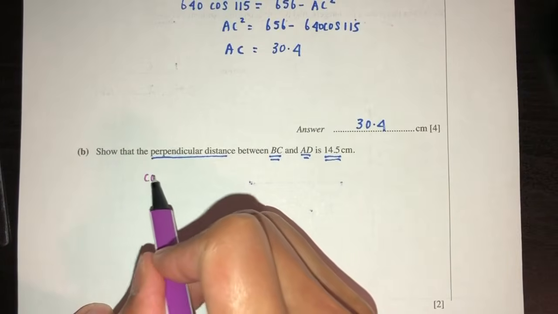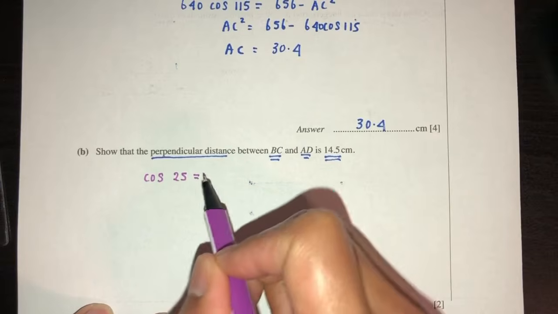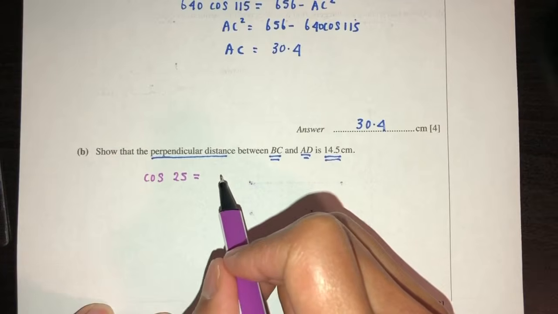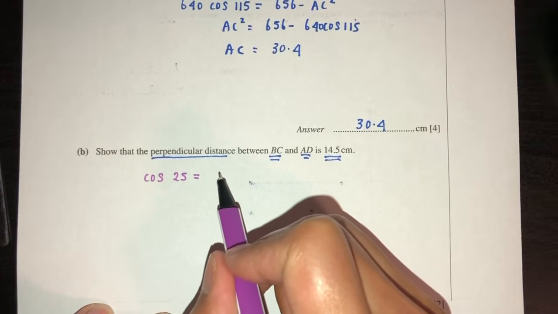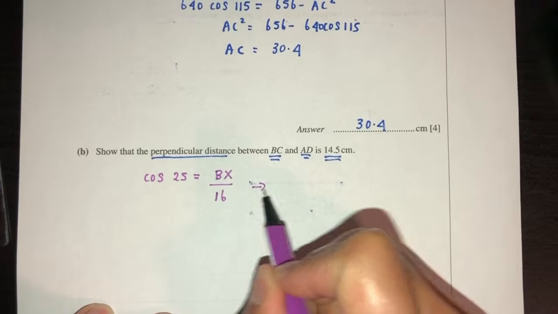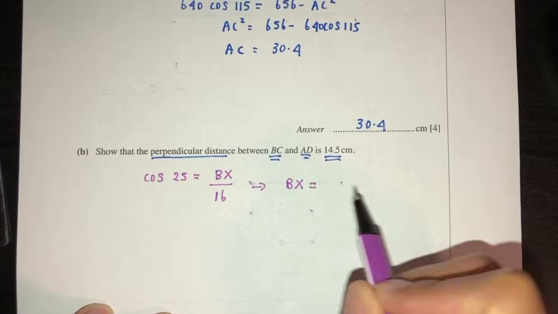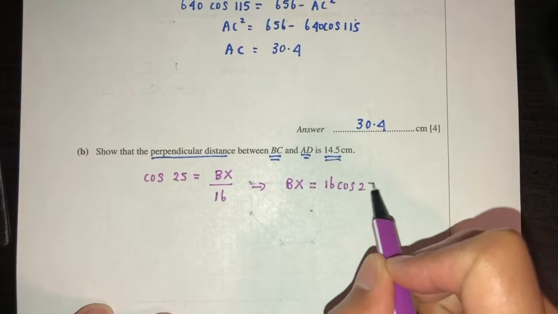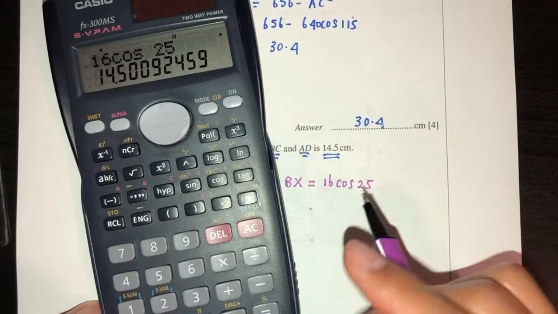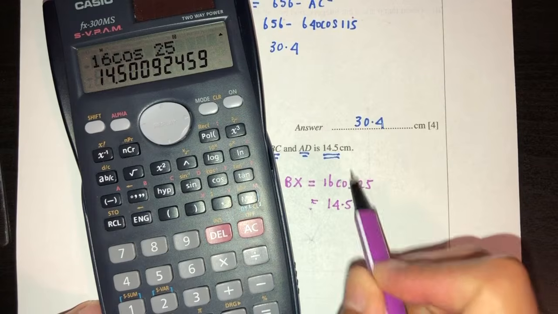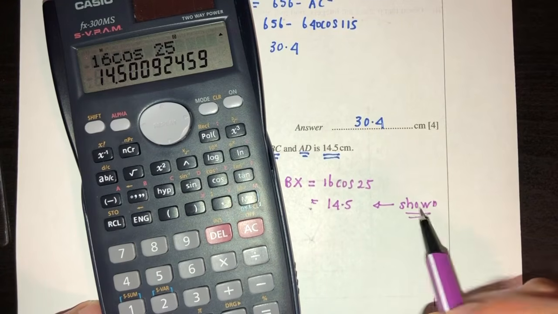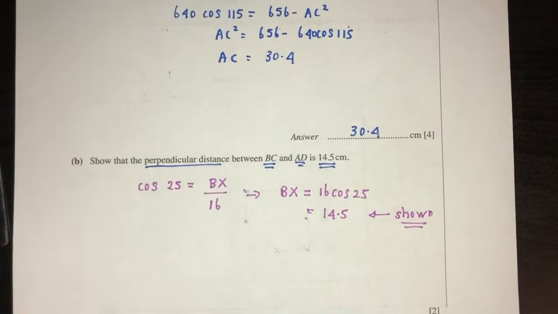So cos of the angle 25 is equal to adjacent over hypotenuse. So adjacent will be BX over hypotenuse 16. So BX, which is your perpendicular height, will be 16 cos of 25. That will be 14.5. So this is shown as required. That is part B.